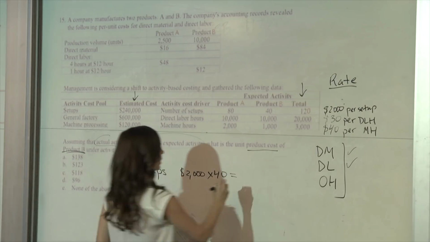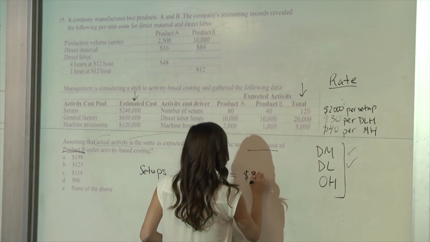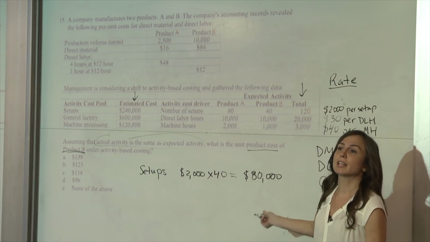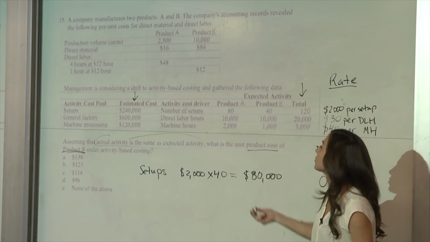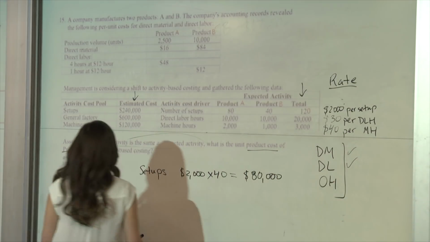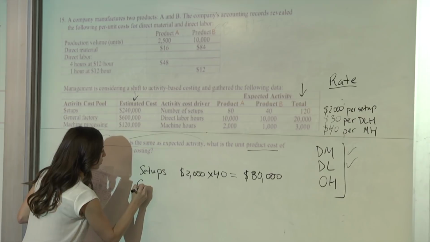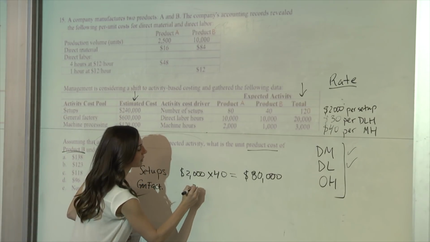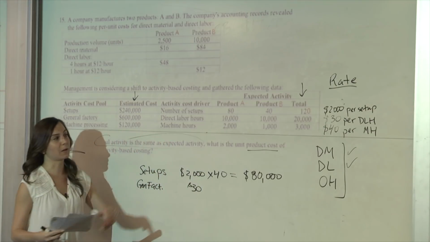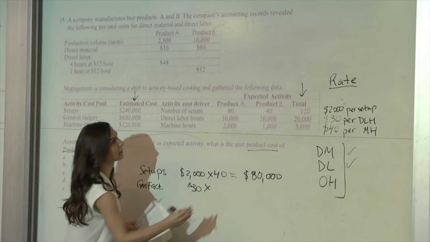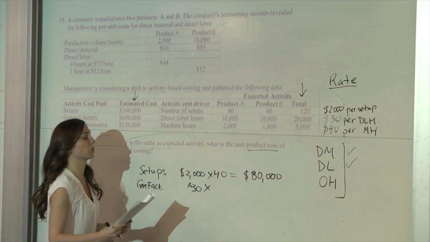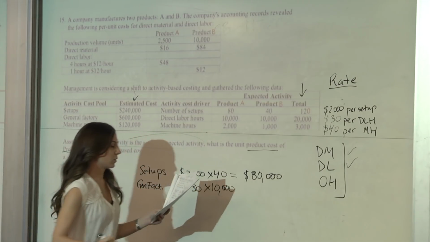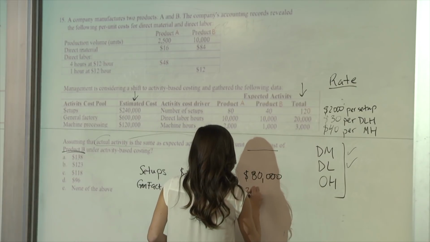Okay, so we have a total of 80,000 just for the setups cost pool. We have to now proceed to the other two cost pools. Okay, general factory, same process, $30 that we calculated earlier, times the actual activity for product B. So here we're going to get 300,000.